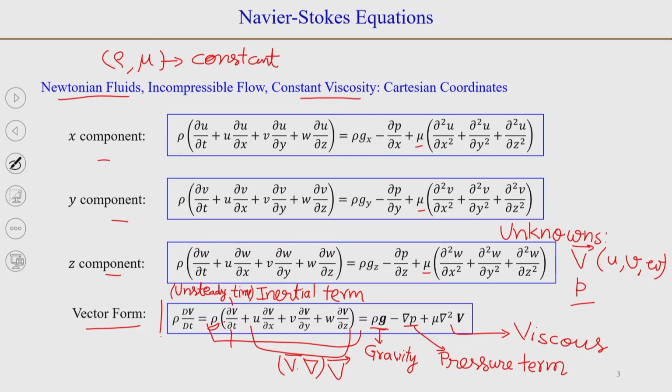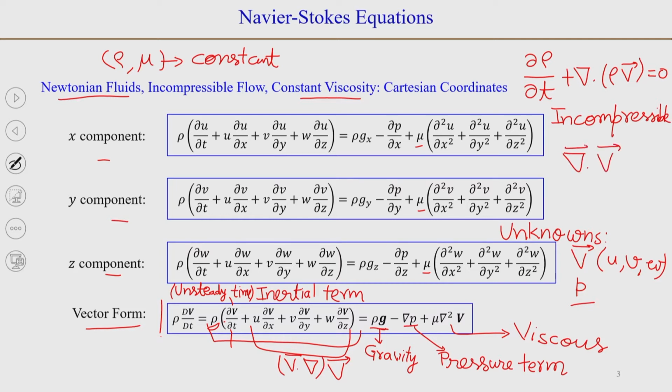Now, you have one set of equations which is the momentum conservation equation in the vector form, or you can take 3 components. Another equation is mass conservation, of course. So, you can write del rho by del t plus del dot rho V is equal to 0, or for incompressible flow, you can write this as del dot V is equal to 0.